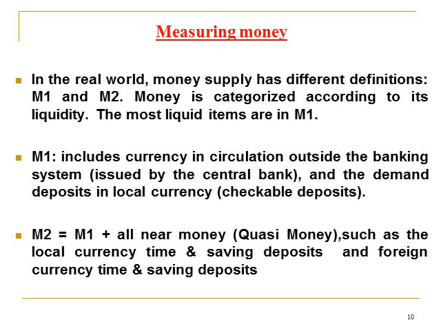Money is categorized according to its liquidity. The most liquid items are in M1, and less liquid items are in M2.